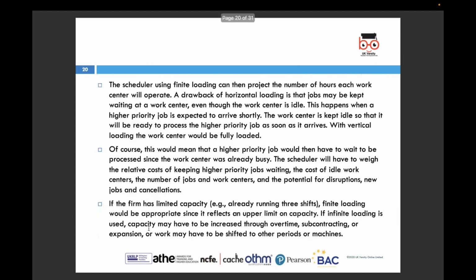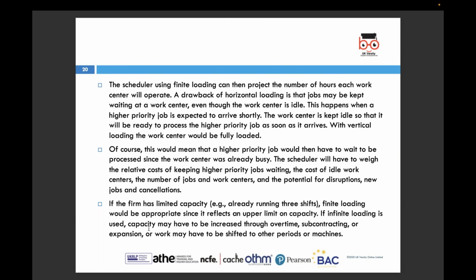Next one is scheduling using finite loading, which can then project the number of hours each work center will operate. In this approach, the scheduler determines the projected number of hours each work center will operate based on its capacity limitations.